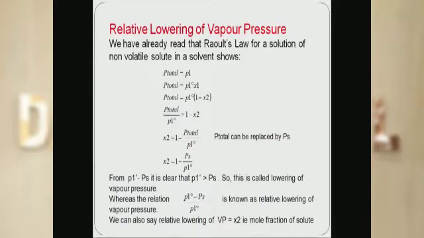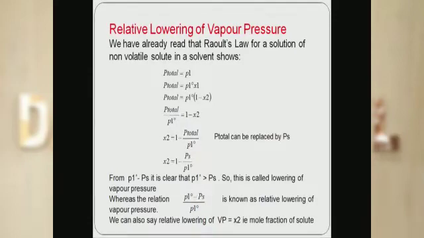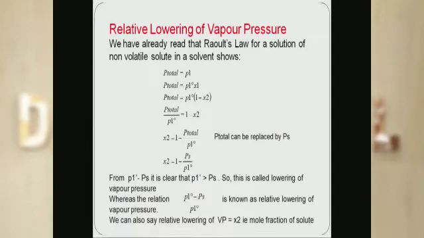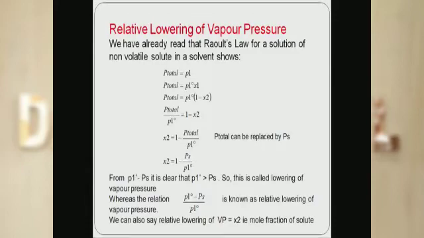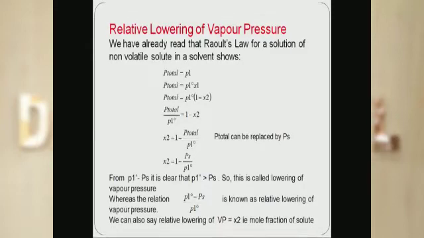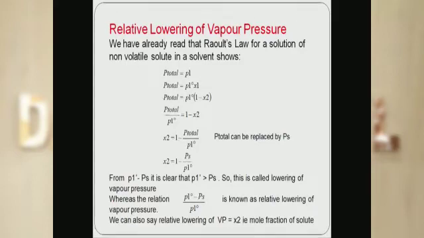From here we can calculate X2. This will be equal to 1 minus P total upon P1 naught. We can also replace P total by PS, so the relation becomes X2 equals 1 minus PS upon P1 naught. From P1 naught minus PS, it is clear that P1 naught is greater than PS.